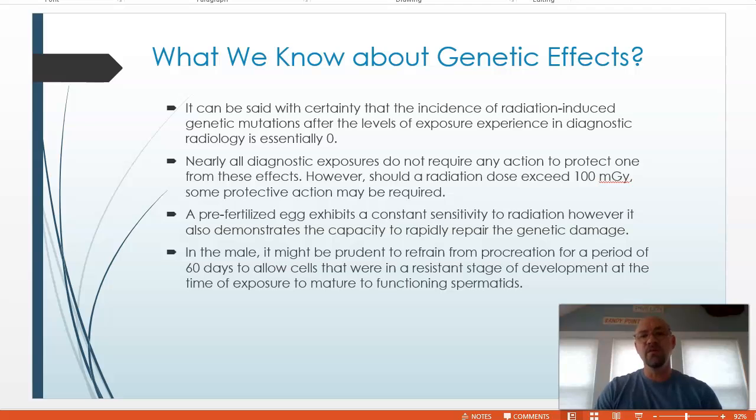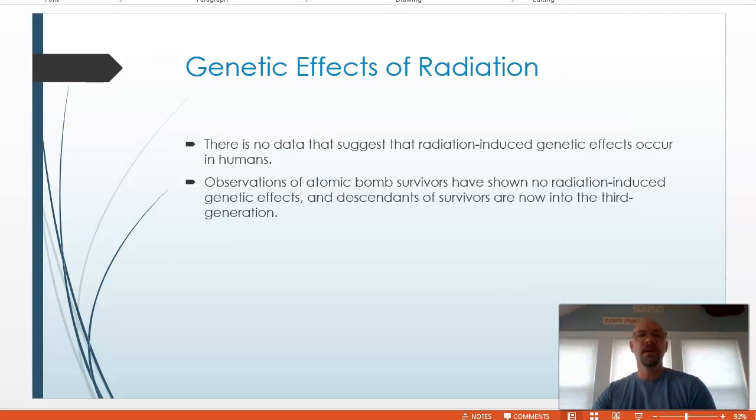in procreation going forward. And finally, despite all of the studies with fruit flies, to the best of our knowledge and with all the studies that we've done, which aren't a lot, because we haven't had too many opportunities to study humans that receive this type of radiation dose, we have not seen any data that suggests that radiation-induced genetic effects occur in humans.